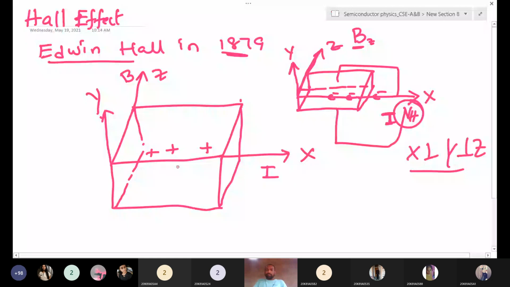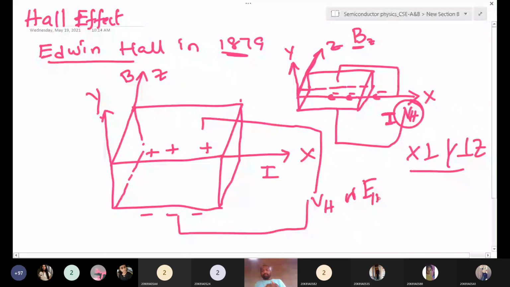Why are these charges induced? Because of the Lorentz force, because of the magnetic force. The magnetic force always tries to deflect the charges from the original path. If there is no magnetic field, the charges will move along the x direction only, in a straight path.